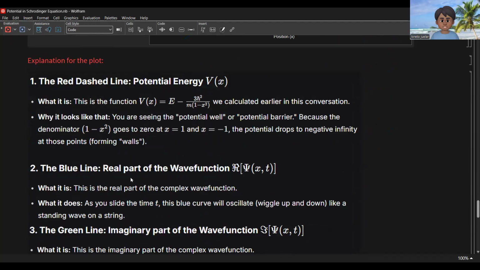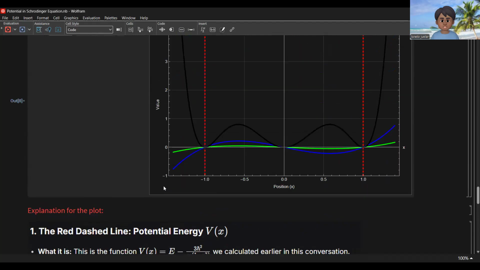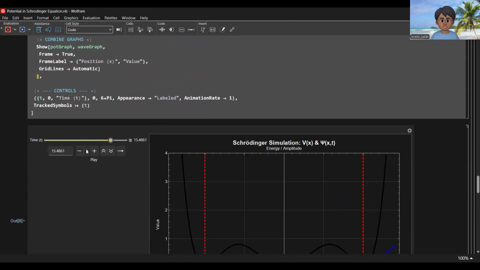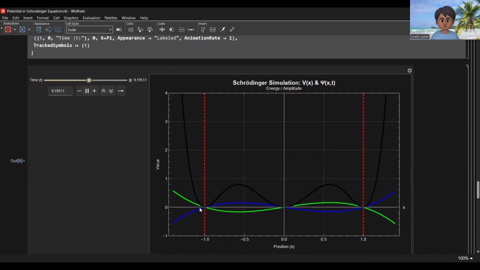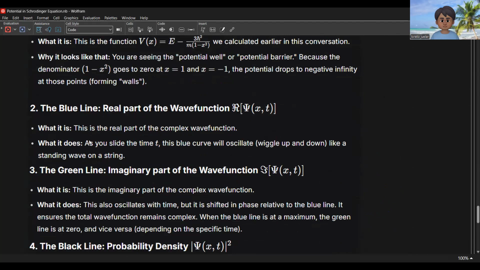Then the blue line is the real part of the wave function. This is the real part of the complex function. As you slide the time, this blue curve will oscillate, wiggling up and down like a standing wave on a string.